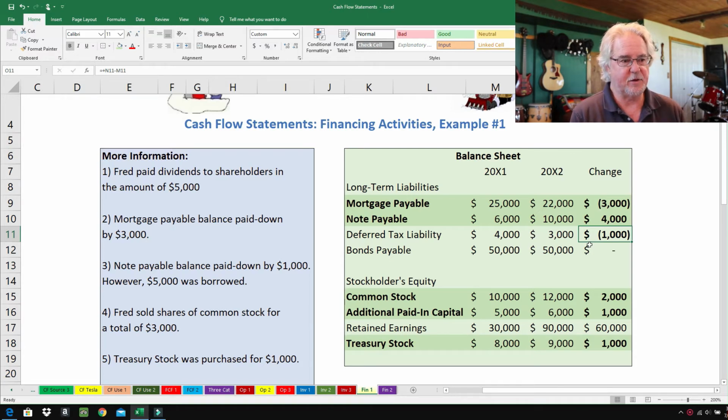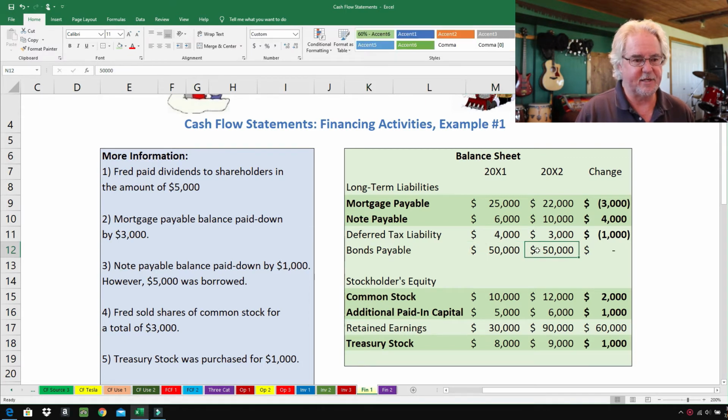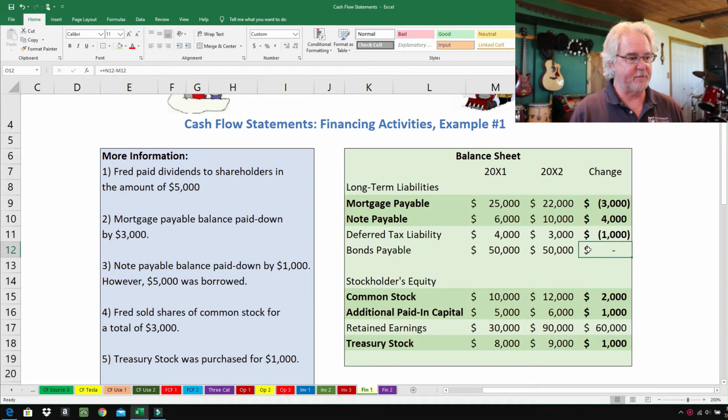It's the only exception that I know of of a long-term liability ending up in the operating section. So we're not going to use it today. The bonds payable was $50,000 at the beginning of the year and $50,000 at the end of the year, no change, so we don't need to worry about it on our cash flow statement.